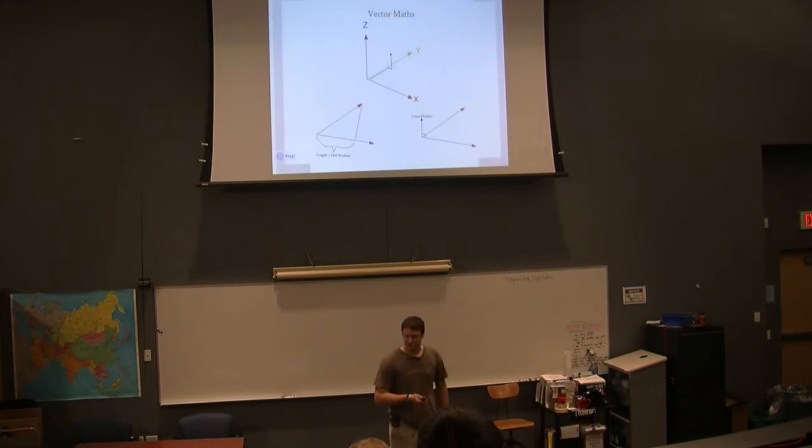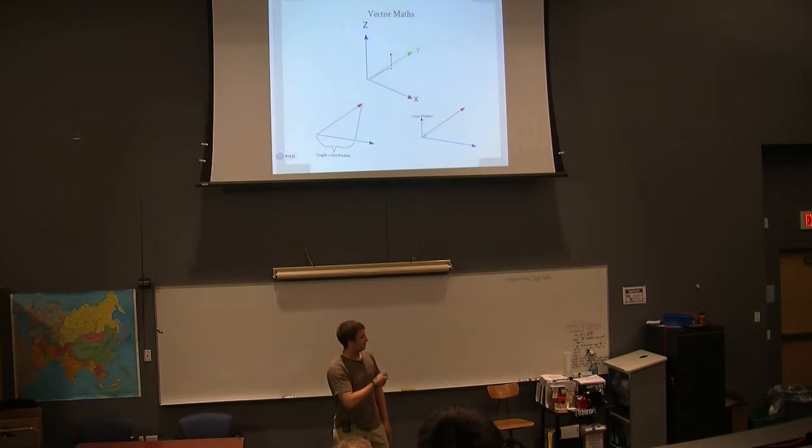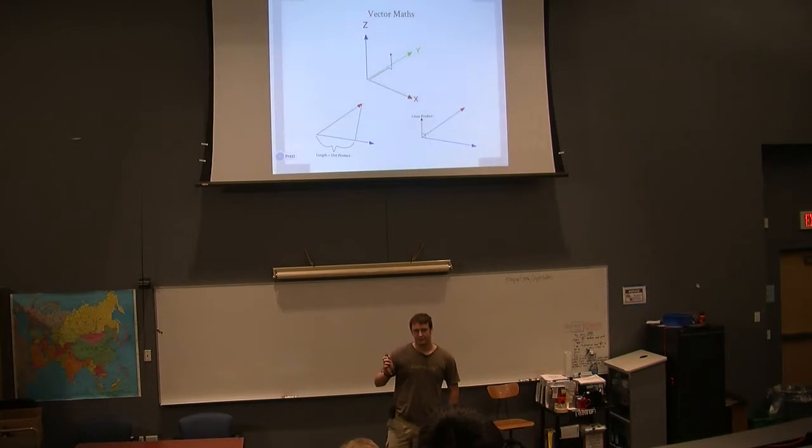And there are also 2 additional functions, the dot product and the cross product. I'm not going to get into the technicalities, but something to know is, A, these are both really fast operations. It's very easy for a computer to do these. It's just multiplication, addition, some subtraction. And a dot product will return a value, which is the overlap between 2 vectors. You can see if you project one onto another, that length is the dot product.